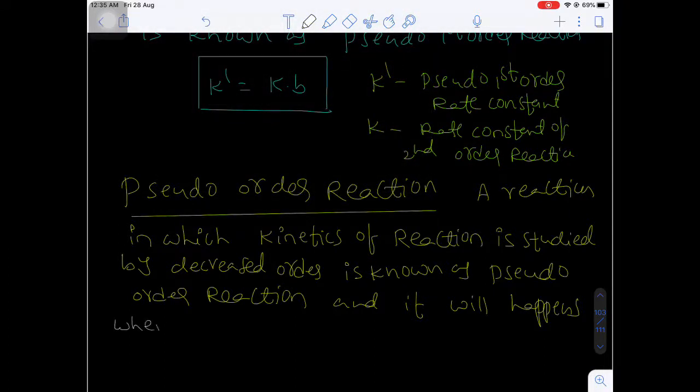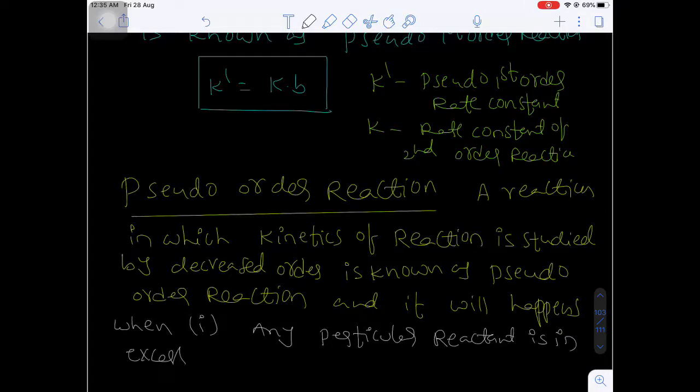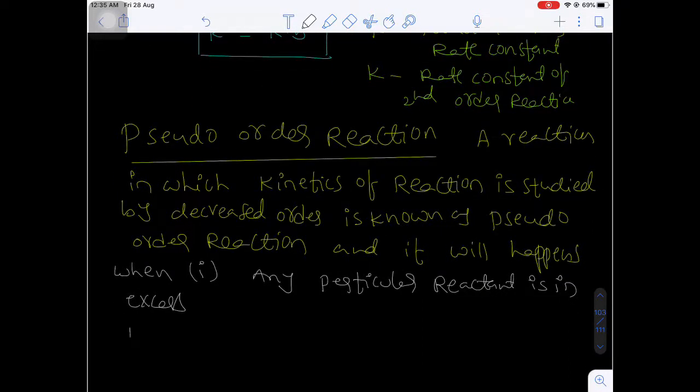when, number one condition, any one particular reactant is in excess amount. This is the first condition.